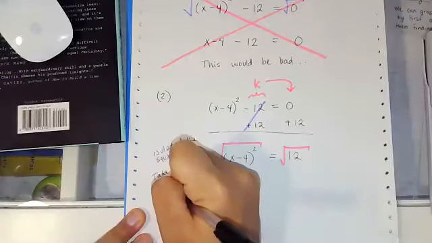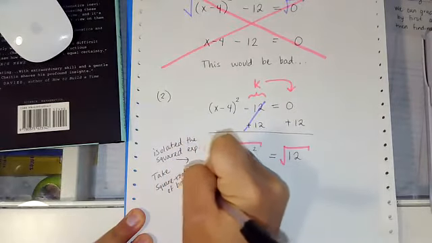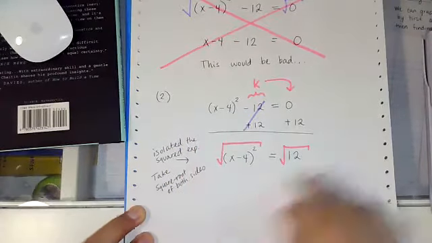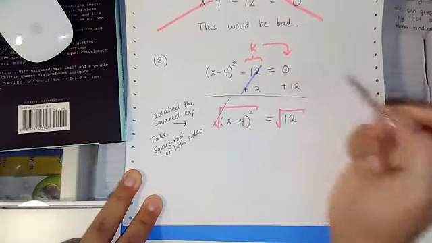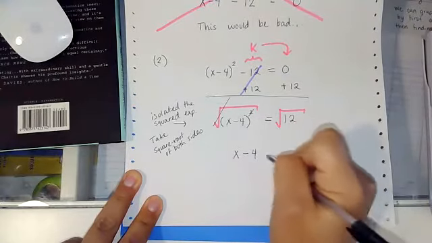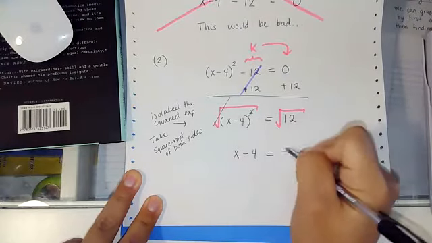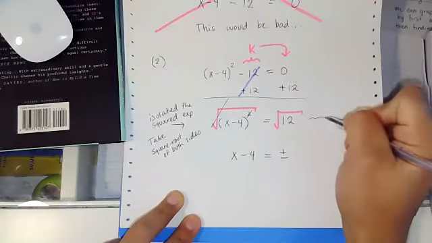Take the square root of both sides. That is us using the square root property now, because we're trying to cancel out the square root and the power of 2, which leaves us with x minus 4 equal to plus or minus the square root of 12, but we have to simplify.